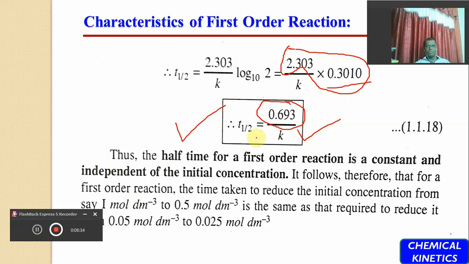This equation for the half-life period of first order reaction suggests that the half-life period is constant and independent of the initial concentration of the reactant.